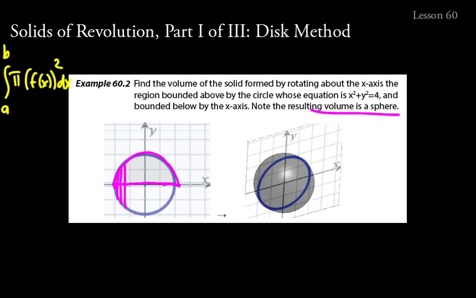Now, y is what f of x equals, right? Rearrange the circle equation. y squared is equal to 4 minus x squared. That's saying f of x, quantity squared, is equal to 4 minus x squared. So we know what f of x squared is already.